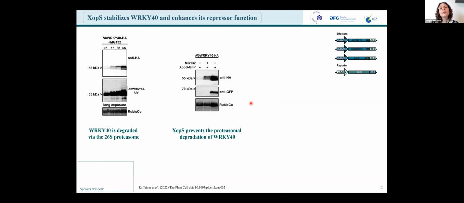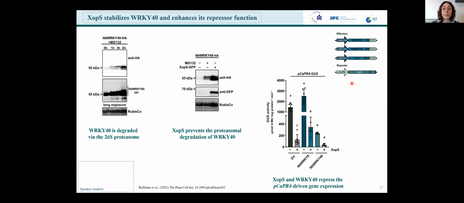So by transiently expressing a GUS reporter construct under the control of the PR4 WRKY40 target gene promoter alongside WRKY40, we observed that this expression led to a repression of the PR4-driven gene expression. And this repression was further enhanced by co-expressing the XopS effector protein.